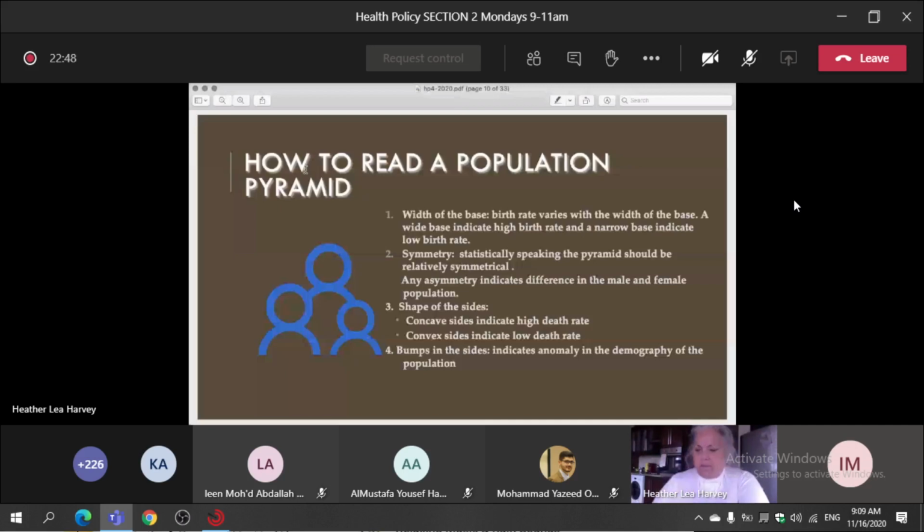Bumps can indicate some type of change. We're also going to look at two bumps: a youth bulge and a migration bulge. We're going to specifically look at the UAE when we look at migration because it's a great example.